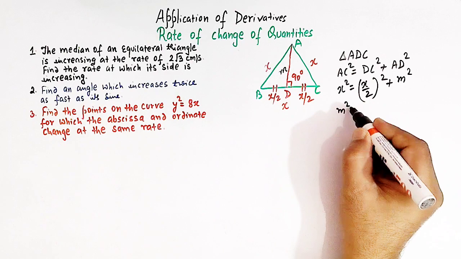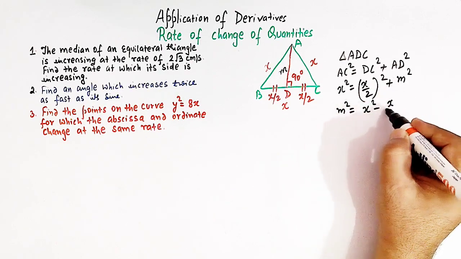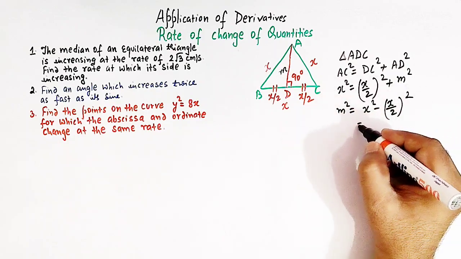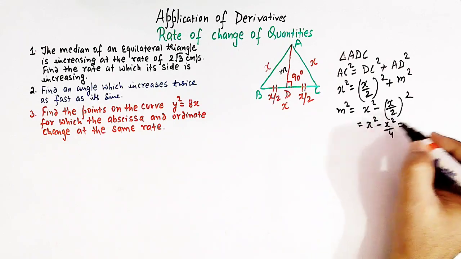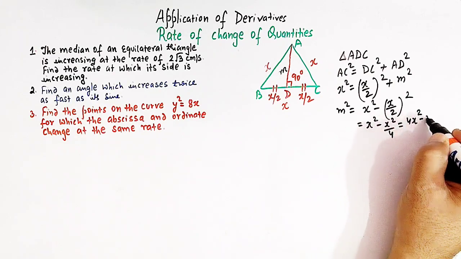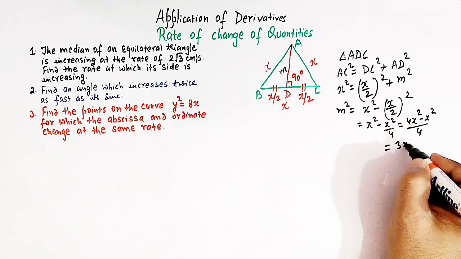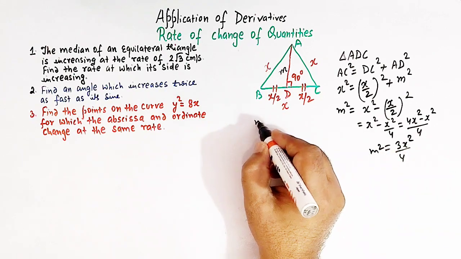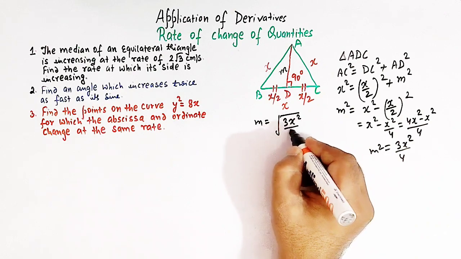So now m square can be written as x square minus (x over 2) square, taking this term to this side. So we have x square minus x square over 4, and we have 4x square minus x square over 4, that is 3x square over 4. So m can now be written as square root of 3x square over 4.